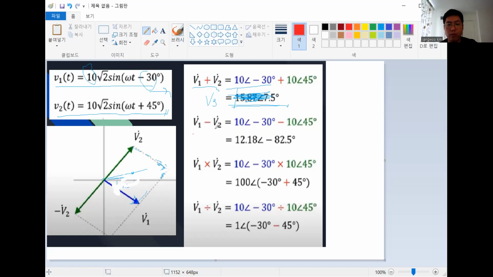Look at that: V1 minus V2. V1 is here, right? And minus V2 is just a reverse by 180. So if we change here, it's also plus here, because it changed to V1 plus minus V2, right? So it's going to be here. So we didn't see here, okay?